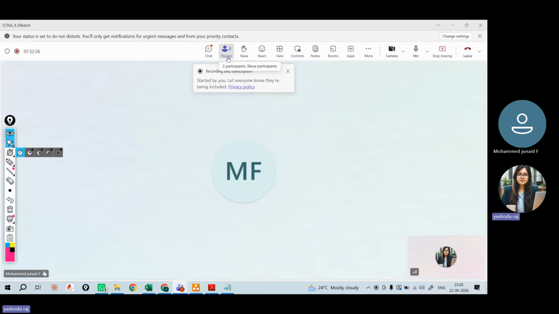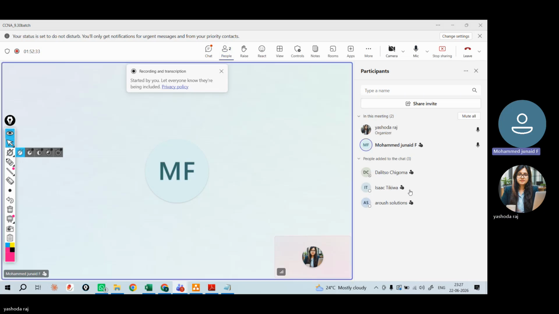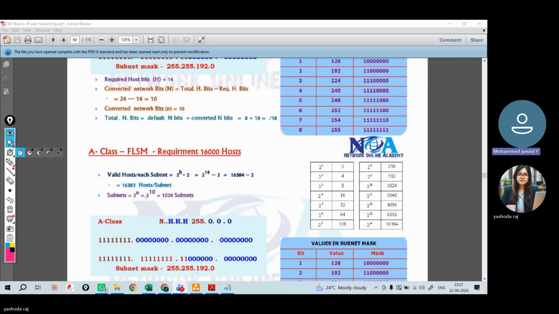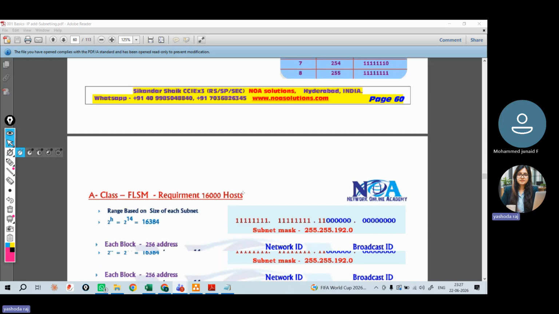Isaac is not there, huh? He had left. Are you confused or is it understood? It's understood, only in the IP range I got confused. IP range, okay.